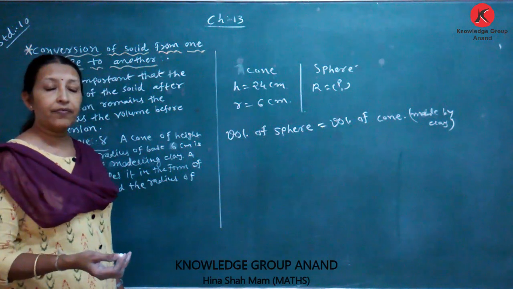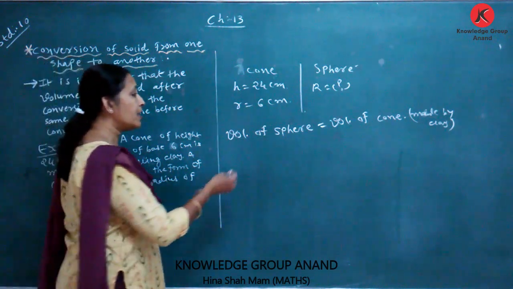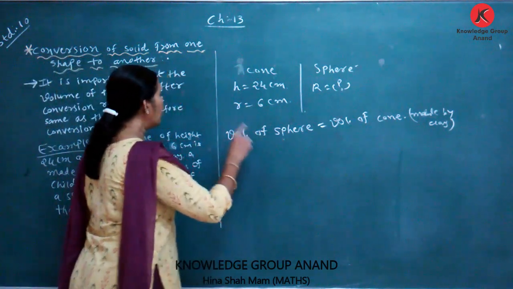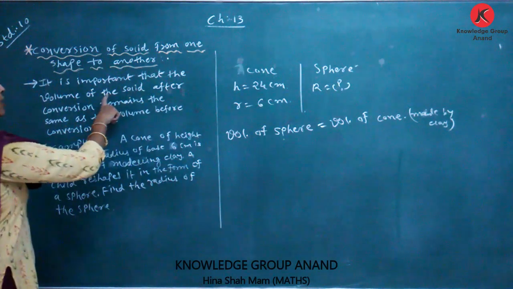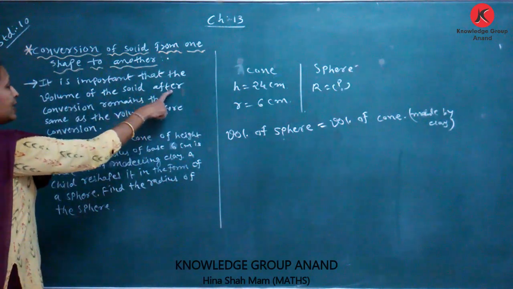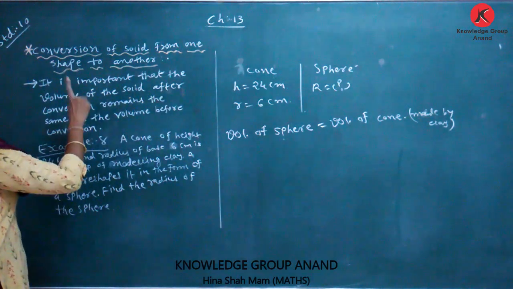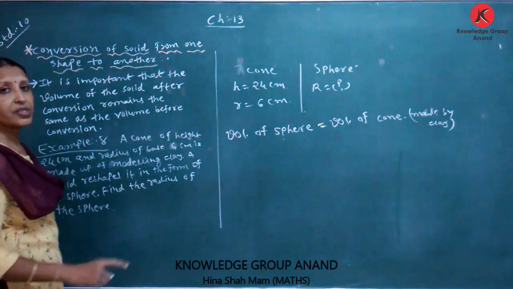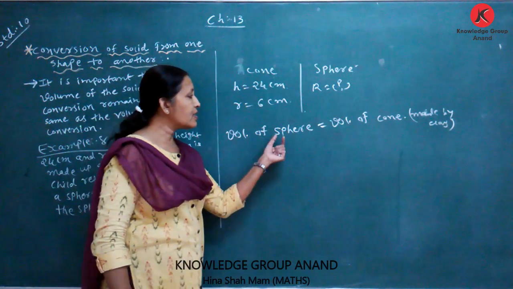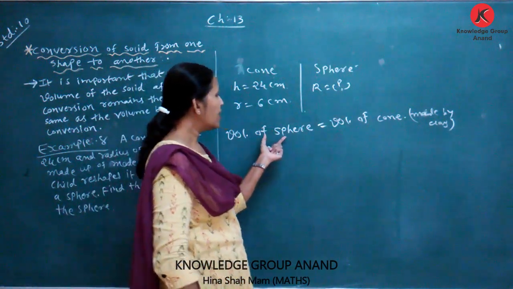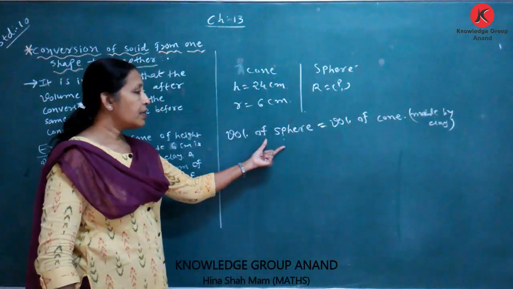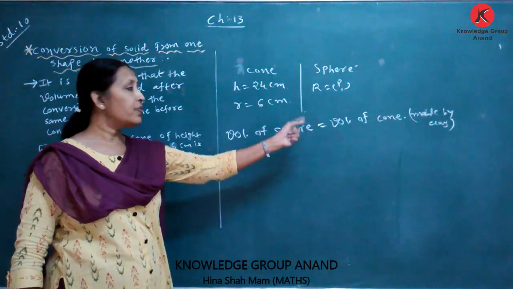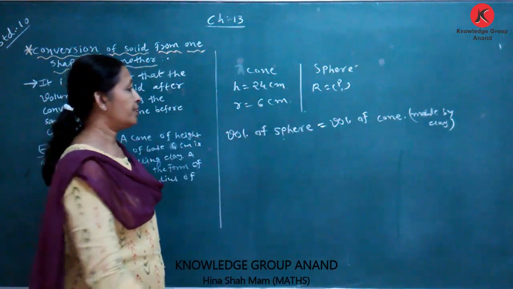We say that the volume of the solid after conversion is the same as the volume before conversion. So volume of sphere is equal to volume of cone.